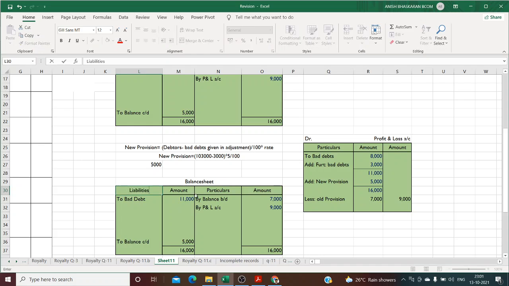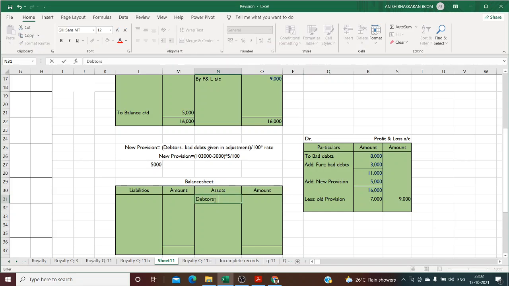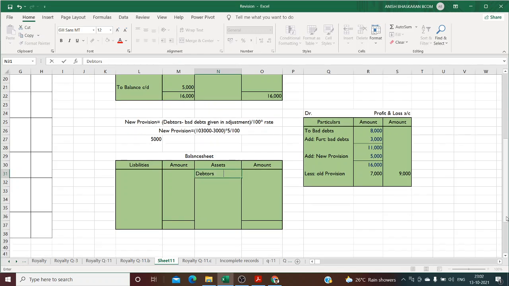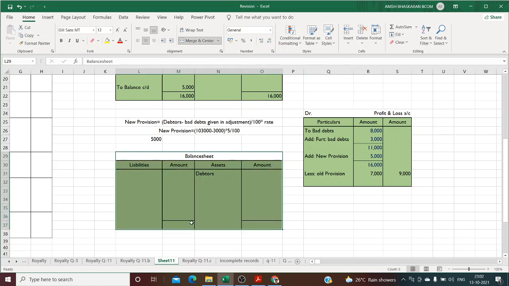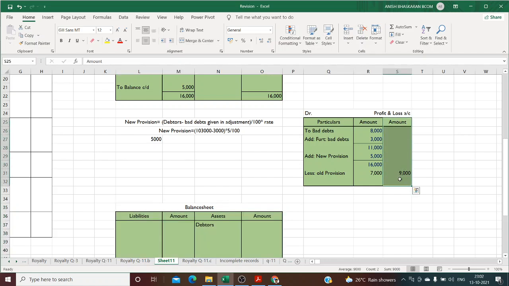Liabilities, then assets, debtors. We should add one more column.